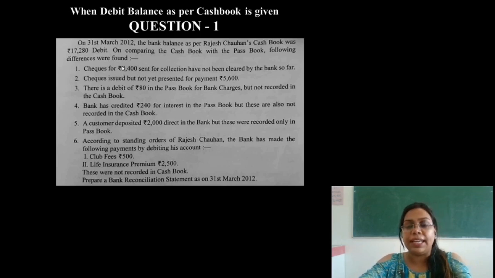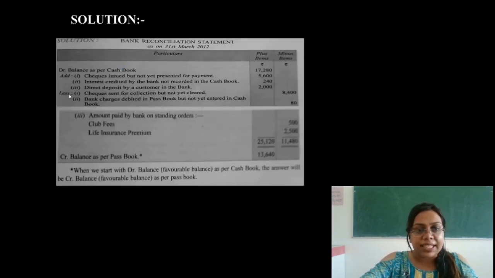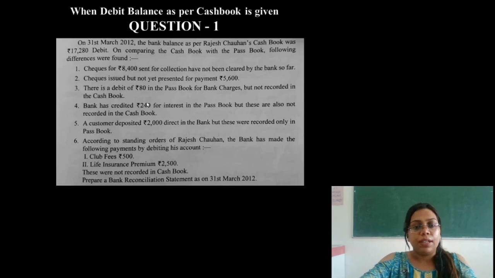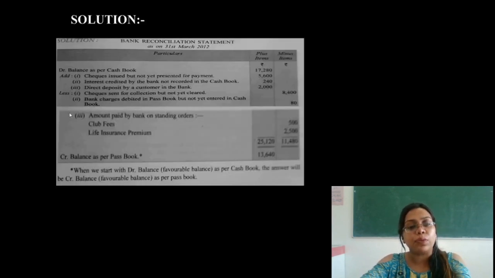I will write it in the minus items: cheques sent for collection but not yet cleared, 8,400 rupees. In the minus items we will write this statement and the amount in the minus column.